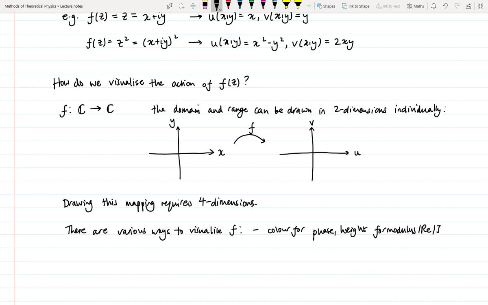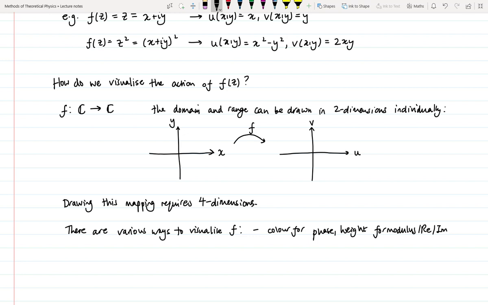What I mean by this is that you give yourselves a set of xy axes to describe the input to your function, and then the height above the xy plane determines the modulus, or the real part or the imaginary part of the output of your function, and the color that you assign to that point describes the phase or the argument of the complex number you get as the output.